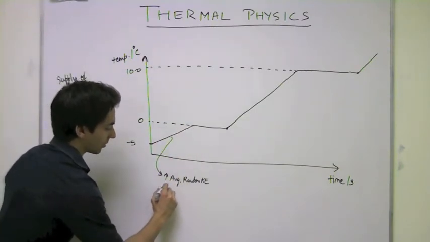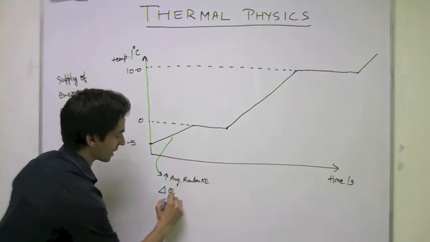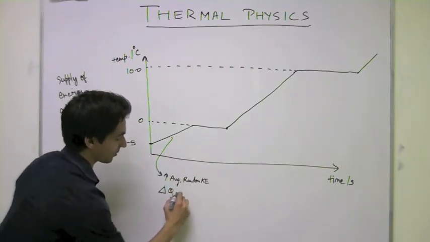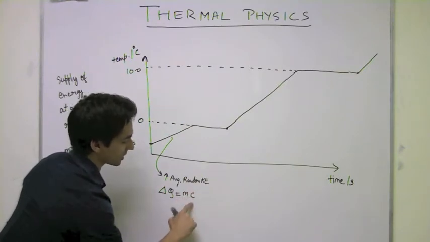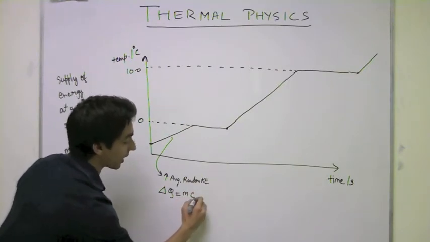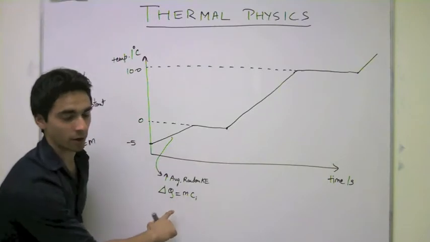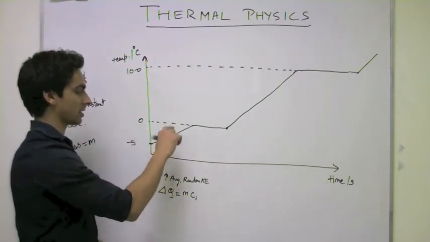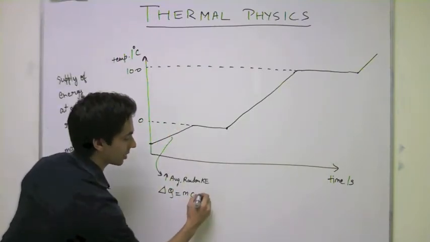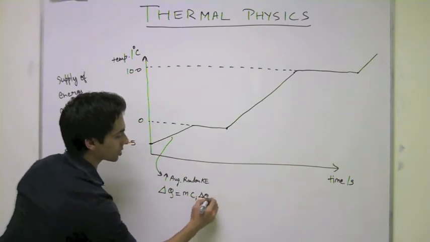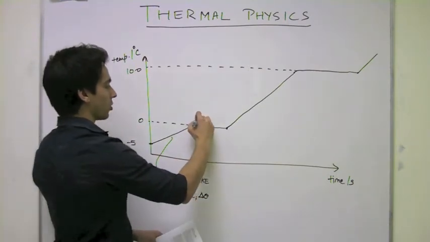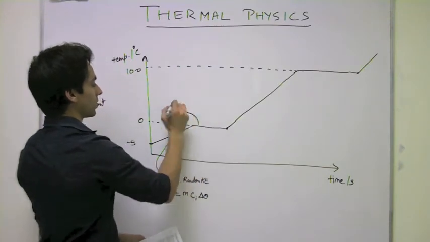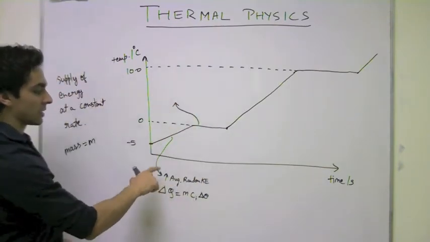How do I calculate for this portion the heat that I've supplied? The heat supplied will be the mass multiplied by the specific heat capacity of ice, multiplied by the change in temperature. In this case, it will be 5 degrees Celsius. Over here, the average random KE stays the same.